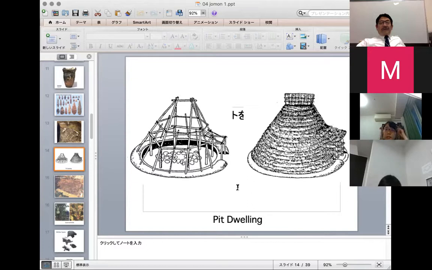But in some cases, like the house that was burnt down in fire, they may find charred material like posts, charred post, kogeta hashira ne, and beams and other parts, and also the roof grasses could have been charred too. If you're lucky, you may find that kind of things.